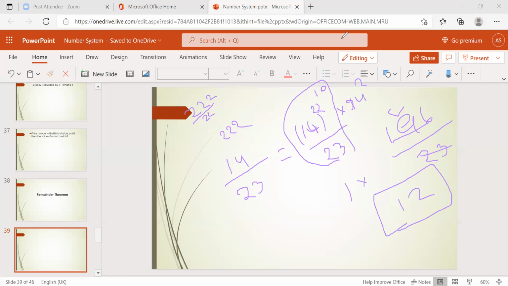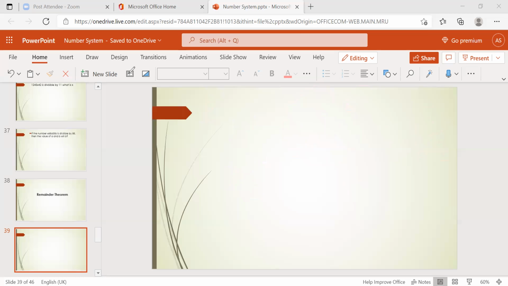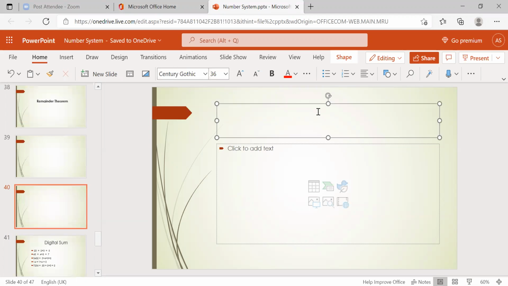Now that is Fermat's theorem. Now we'll go for another important method. What is that? Binomial theorem. So in the form of ax plus k. Better I'll take this.